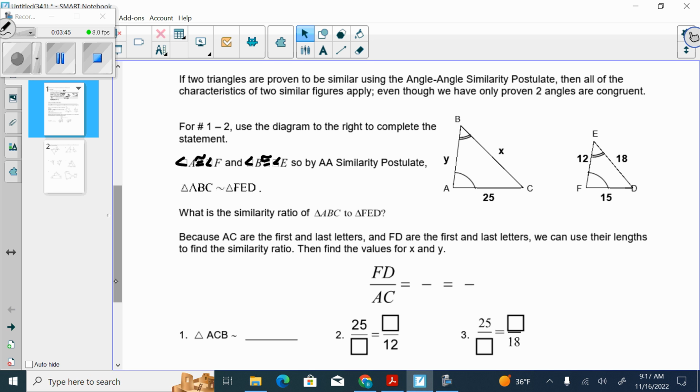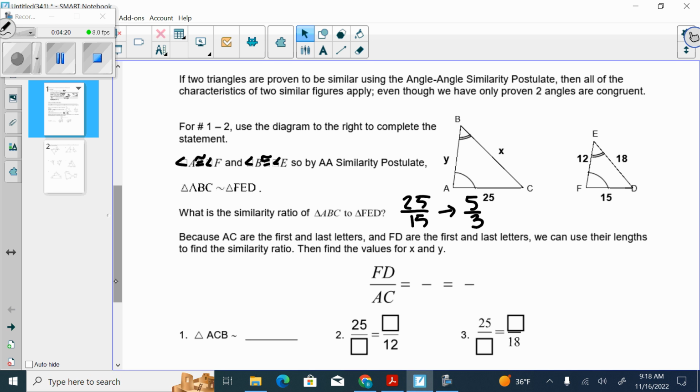So remember yesterday, we said that to come up with a similarity ratio, you just pick corresponding sides and you make their numbers into a fraction, right? So what would be some corresponding sides we could pick here that are both numbers? Okay, so I could put 25 over 15. And what does 25 over 15 simplify to? 5 thirds. Good. So my ratio, or my similarity ratio here, is 5 over 3.